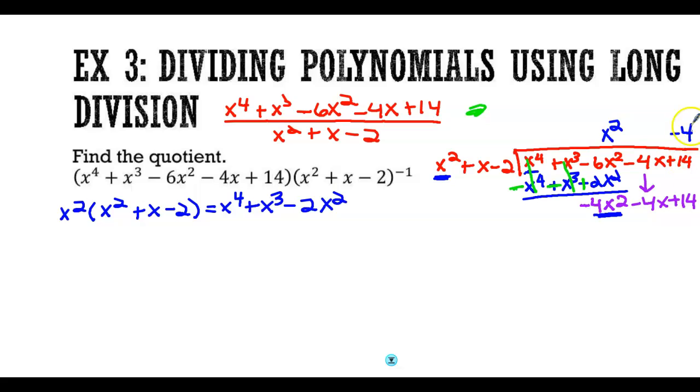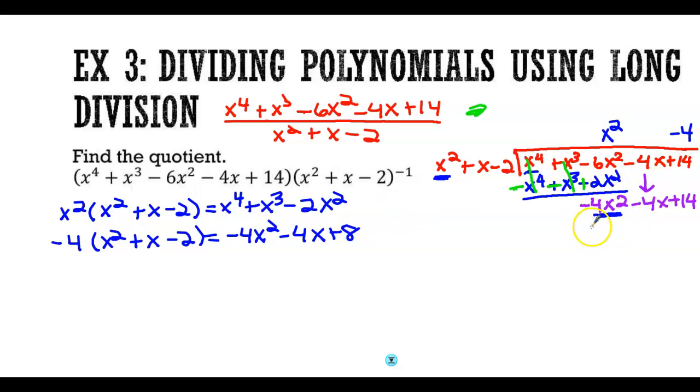Notice I'm writing it over the constants. Negative 4 times x squared plus x minus 2 is negative 4x squared minus 4x plus 8.